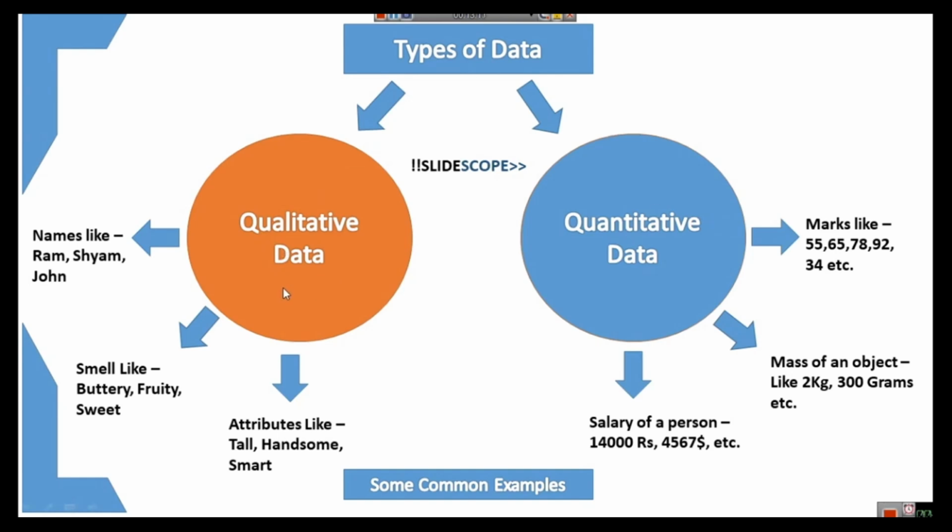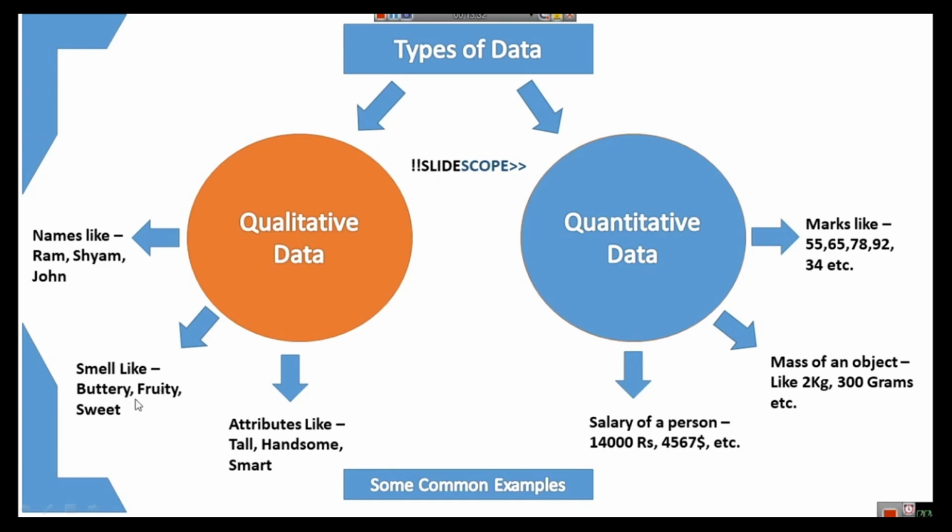In case of qualitative data, we have names like Ram, Shyam, John. So the name of a person is data, but it is not a number, and that's why it falls under the category of qualitative data. Then smell, like buttery, fruity, sweet, mint.